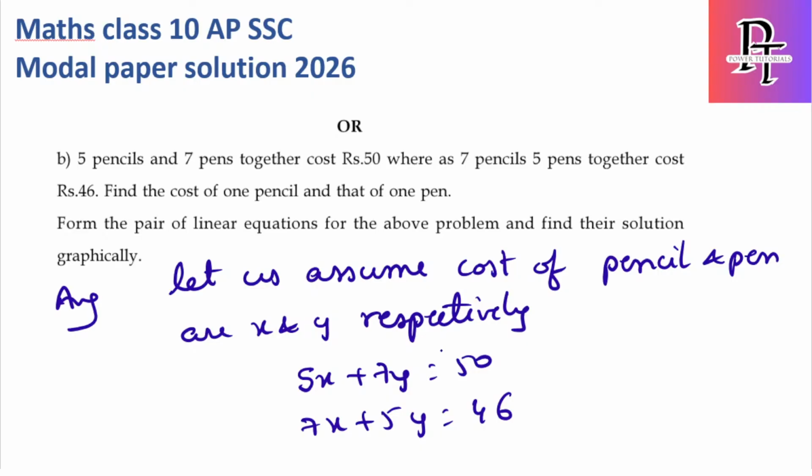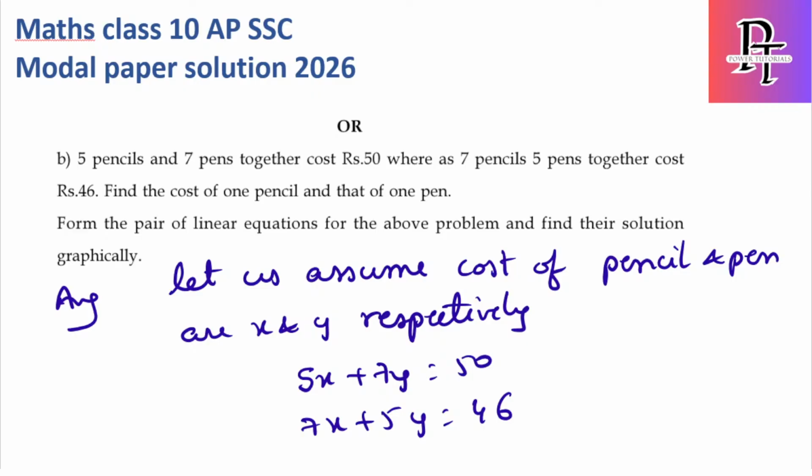Here also, if you use x as 0 and y as 0, I don't think you will get proper points. So try to use factors of 7 and 5 together, which is 35. Choose x as 7, you will get the y value, and choose y as 5, you will get the second value.